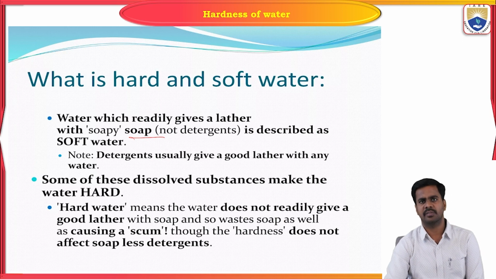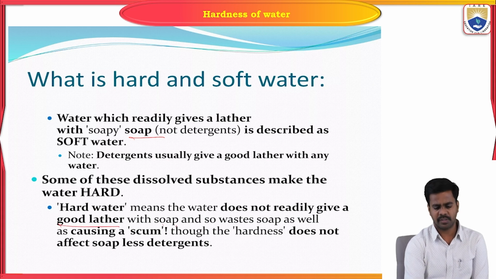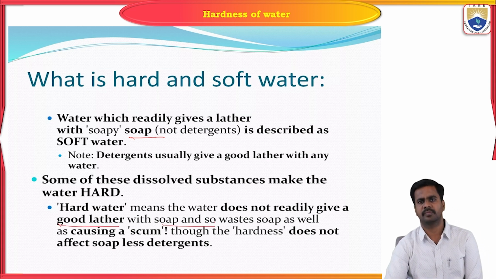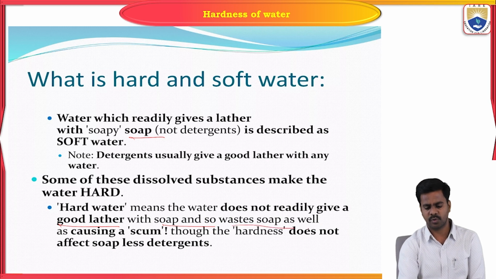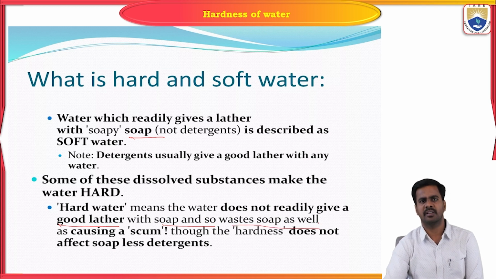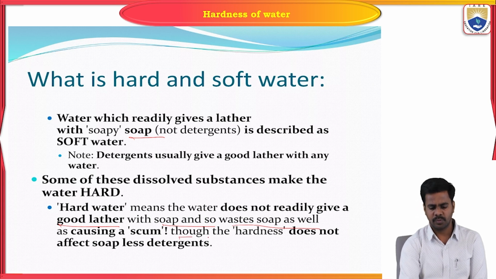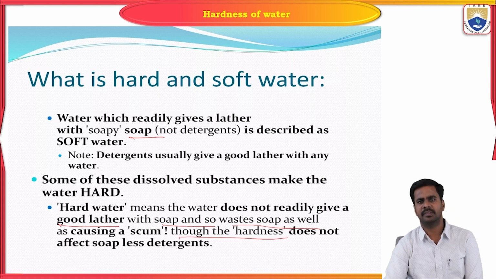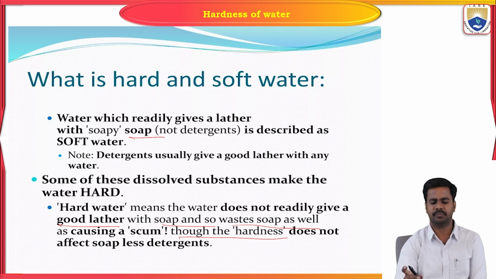Hard water means water does not readily give a good lather with soap, so it wastes soap as well as causing scum. Though the hardness does not affect soap-less detergents.